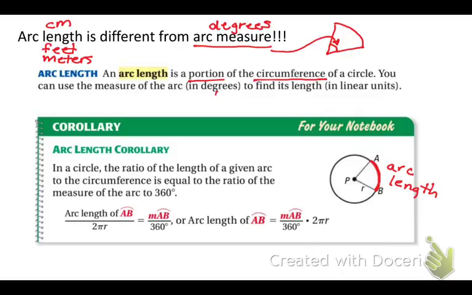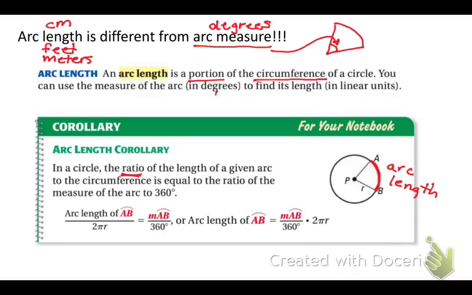So in a circle, the ratio of the length of a given arc to the circumference is equal to the ratio of the measure of the arc to 360 degrees. That's a mouthful, but if we write it out, it gets easier to understand. Remember, a ratio is a fraction.